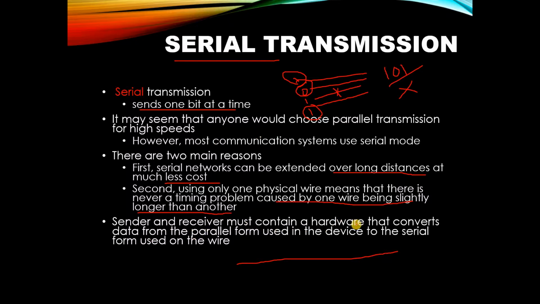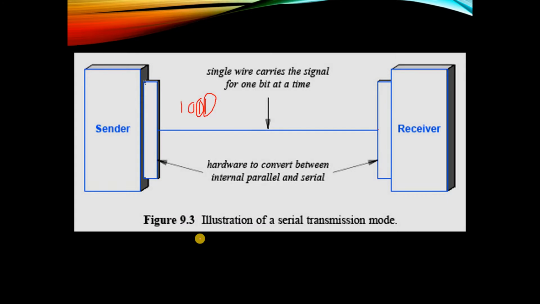Sender and receiver must contain hardware that converts data from parallel to serial, and serial to parallel. A converter is needed, which is not visible in most of the cables, but there is a converter used by the sender as well as the receiver. For example, the sender is transmitting in parallel, but the cable is serial.